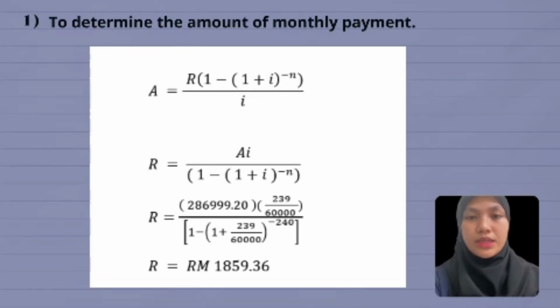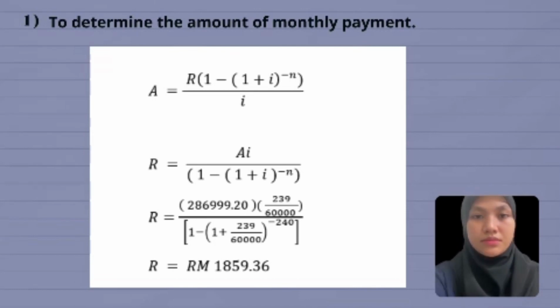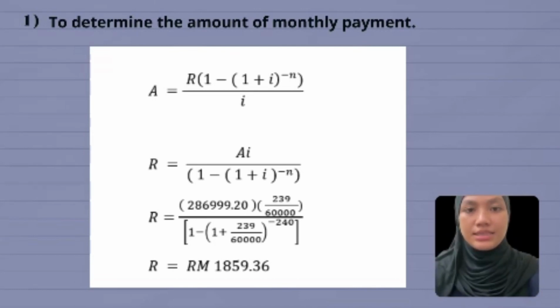Putting in all the info, R equals 286,999.20 multiplied by 239/60,000 divided by [1 minus (1 + 239/60,000) to the power of negative 240].